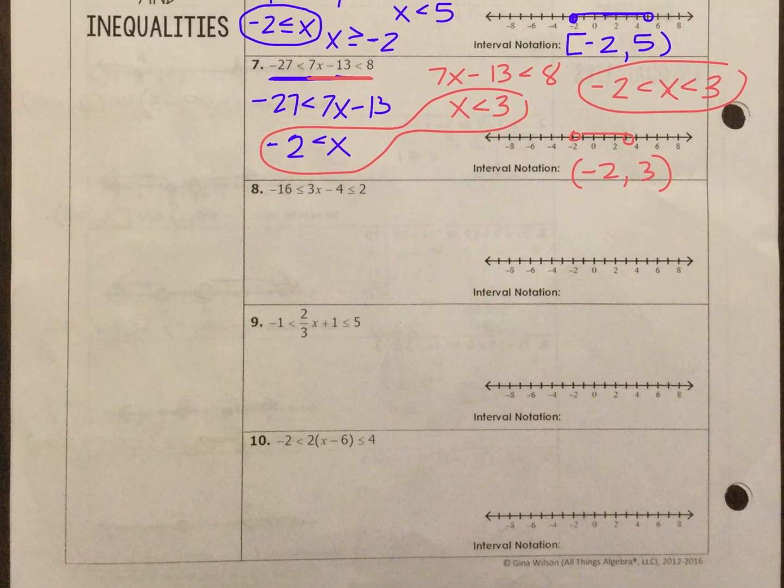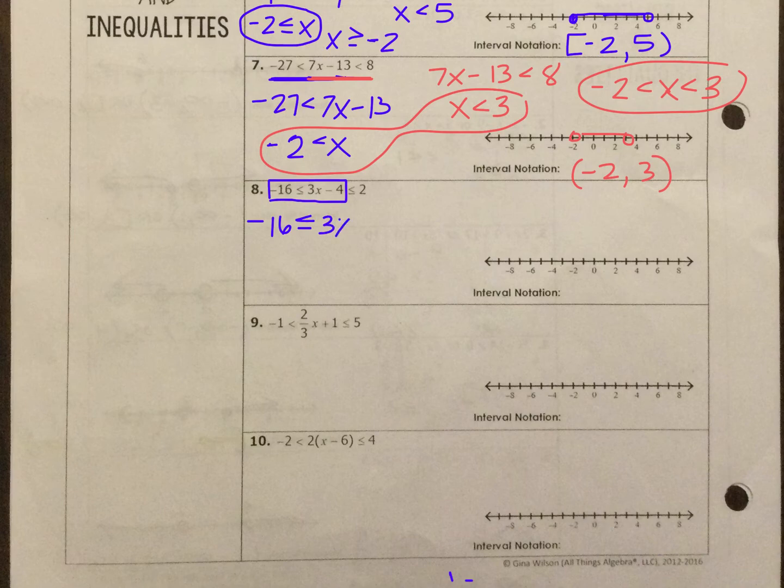Let's do a couple more practices. We need to split this into two. I'm going to go from the beginning to the second inequality. That's my first one. Negative 16 less than or equal to 3x minus 4. I am very kind. I'm going to go ahead and tell you it's negative 4 is less than or equal to x.